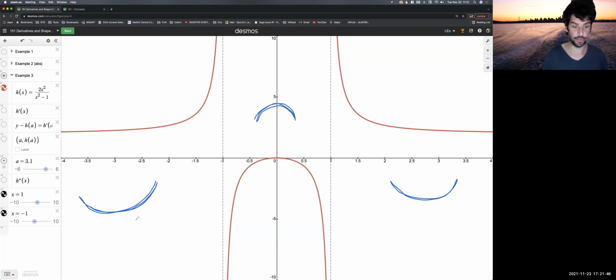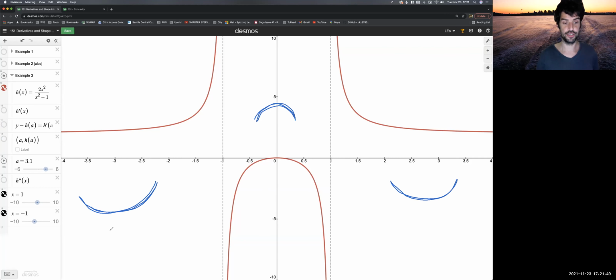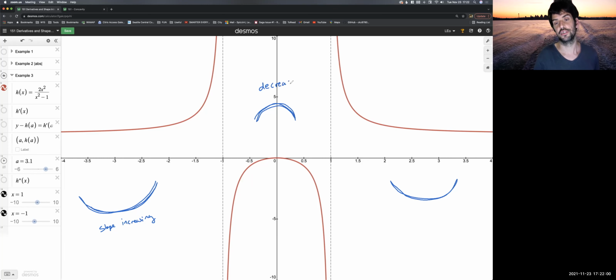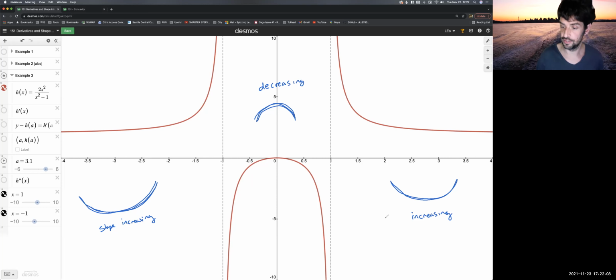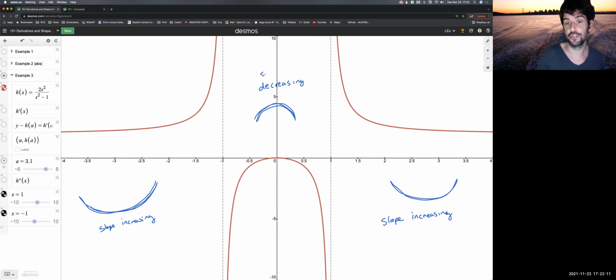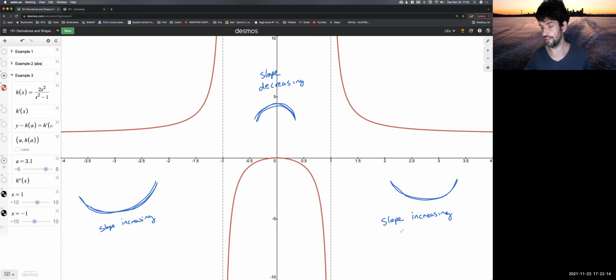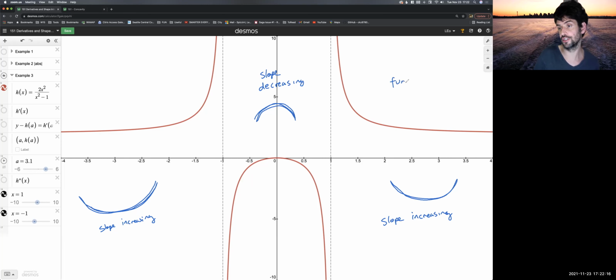Okay, now remember what we said: in this region, the slope was increasing. In this region, the slope was decreasing. And in this region, the slope was increasing. And let me be clear, this is the slope. The function itself, for instance, in this region on the right, is increasing, but the slope is also increasing.